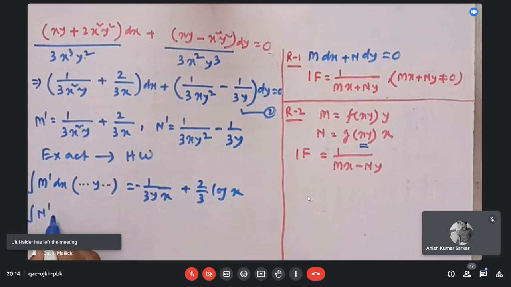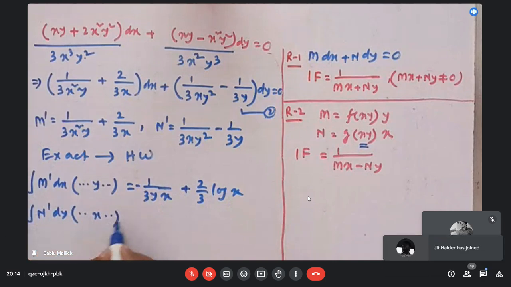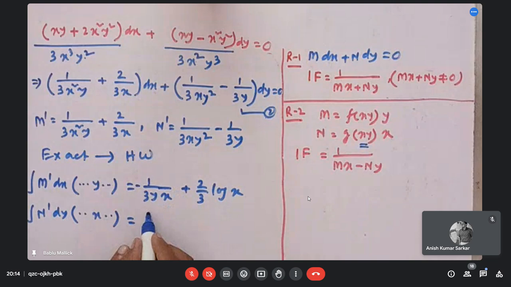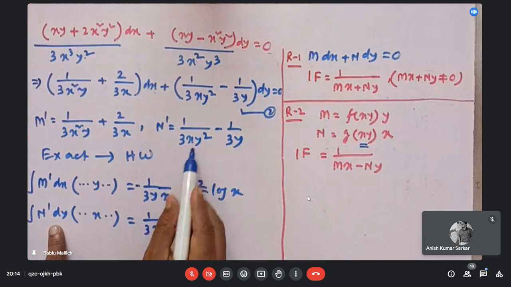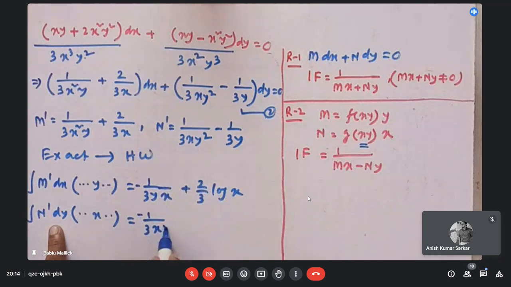For integrating N dash dy, taking x as constant, this is 1 by 3x, integration of 1 by y² is minus 1 by y, minus 1 by 3 into log y.